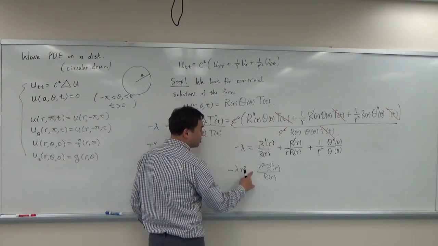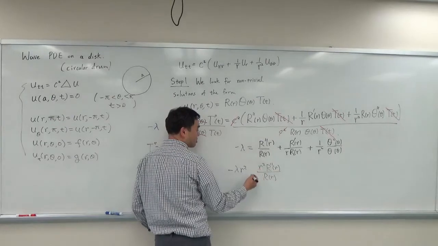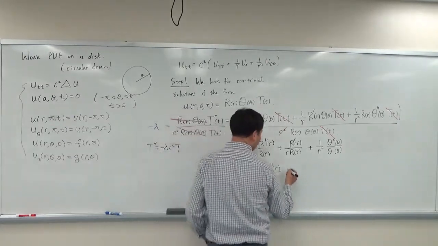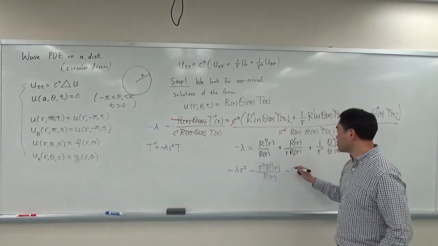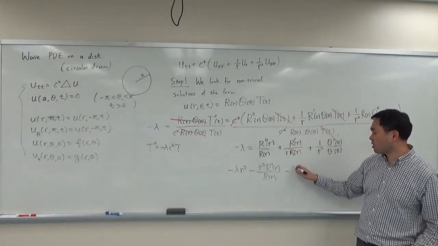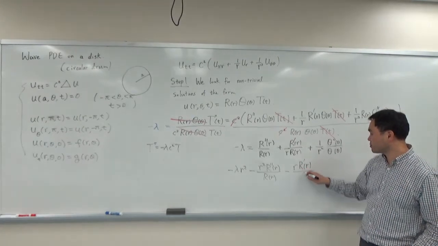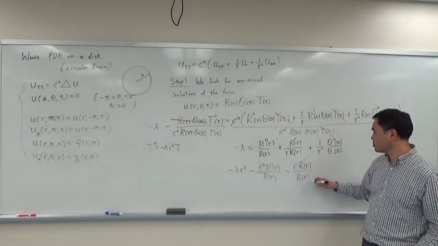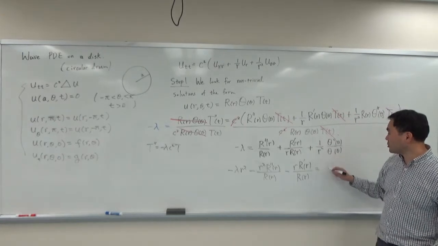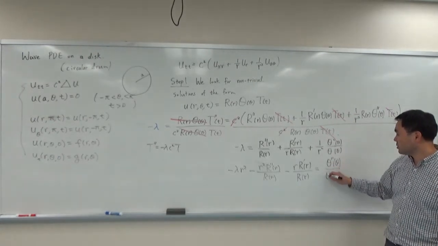And we're going to move everything to the left side. So the ones that have r's, we're going to move it to the other side. This one should also move to the other side, but we multiply by r squared, so r squared over r becomes just r on top. Equals, now you have theta double prime of theta over theta of theta.